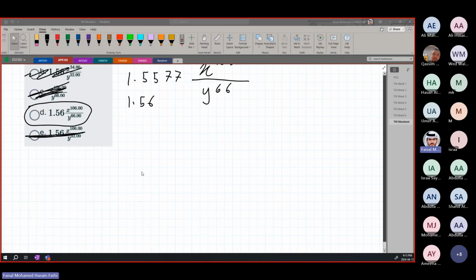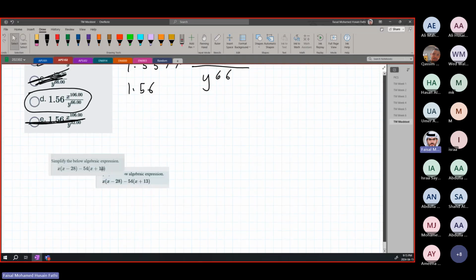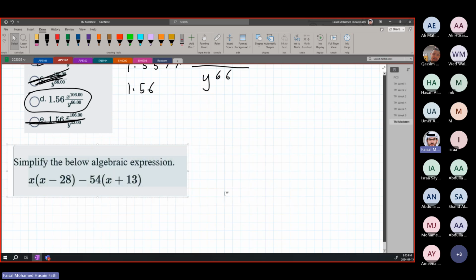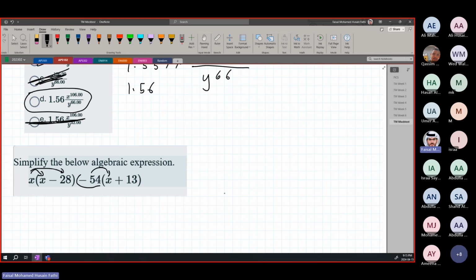Just again, very quickly, because I do notice a lot of people have issues with simplifying. When you simplify, you're just going to distribute the x's inside. You're going to distribute the negative 54, all of it inside. Okay, so you're going to get x times x, which is x squared, minus 28x, all right, for the first part. And then the second part, you're distributing negative 54.